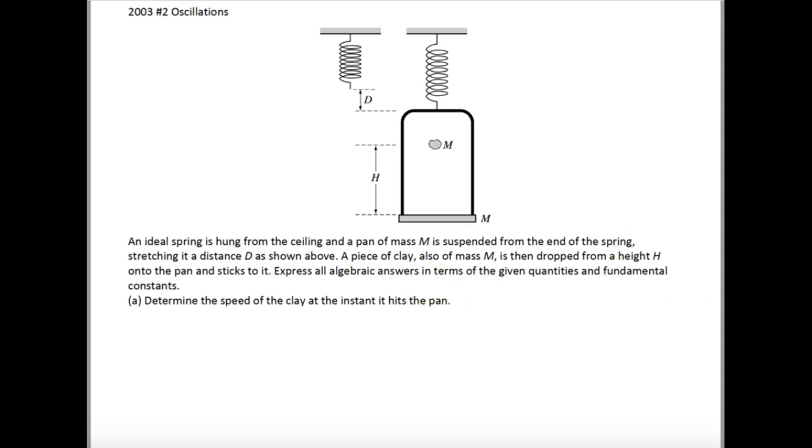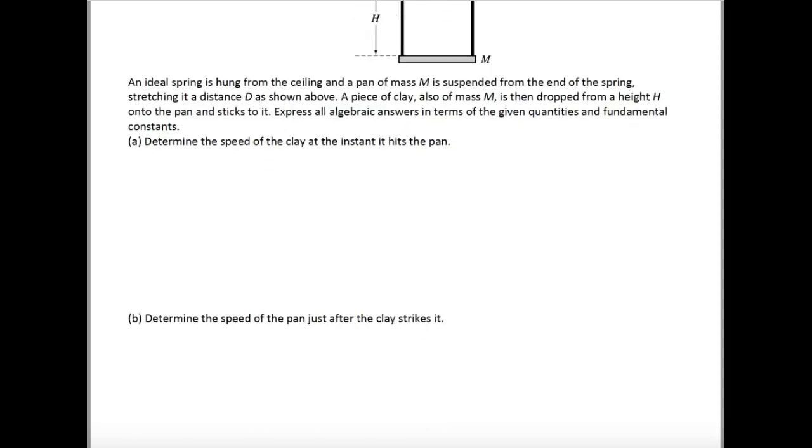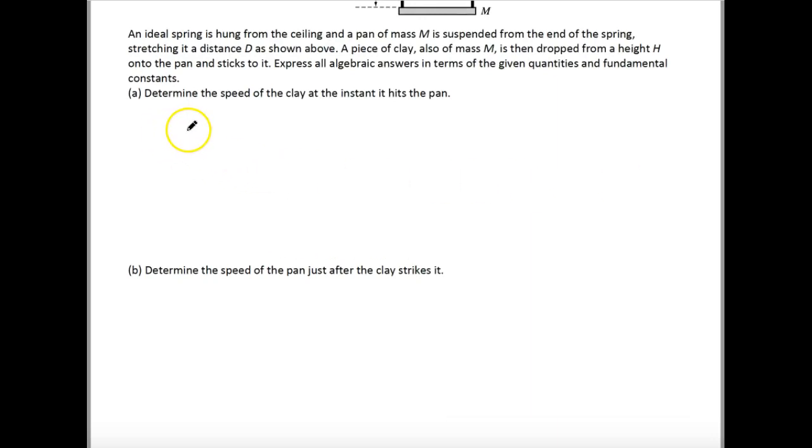So this is pretty easy to do. You can do it one of two ways. You can either do it using energy, which I would do, or you can use kinematics. So totally up to you. What we'll do is we know that right off the bat the clay has potential energy equal to mgh. That's equal to 1/2 of the mass of the clay times the speed of the clay squared.